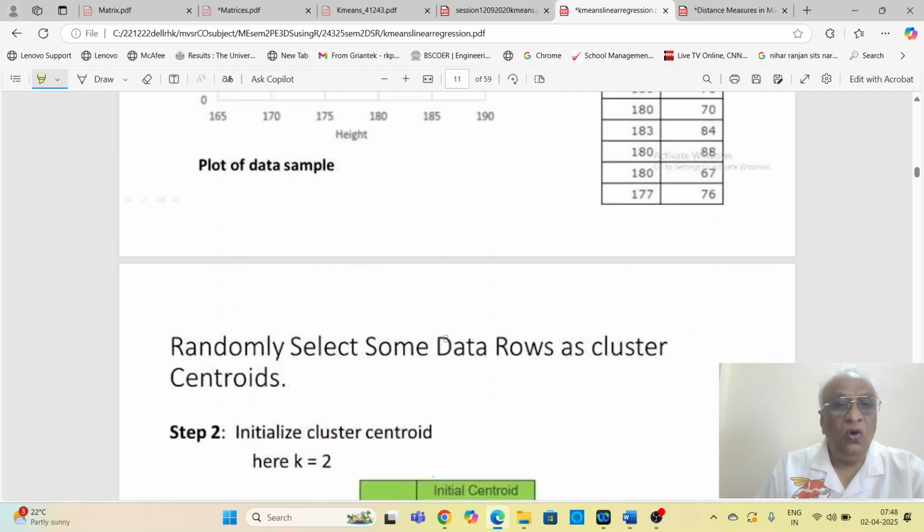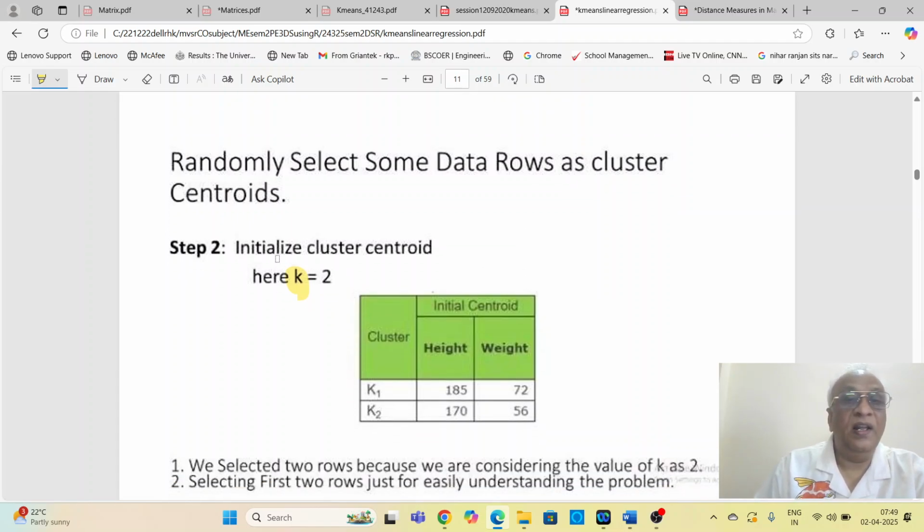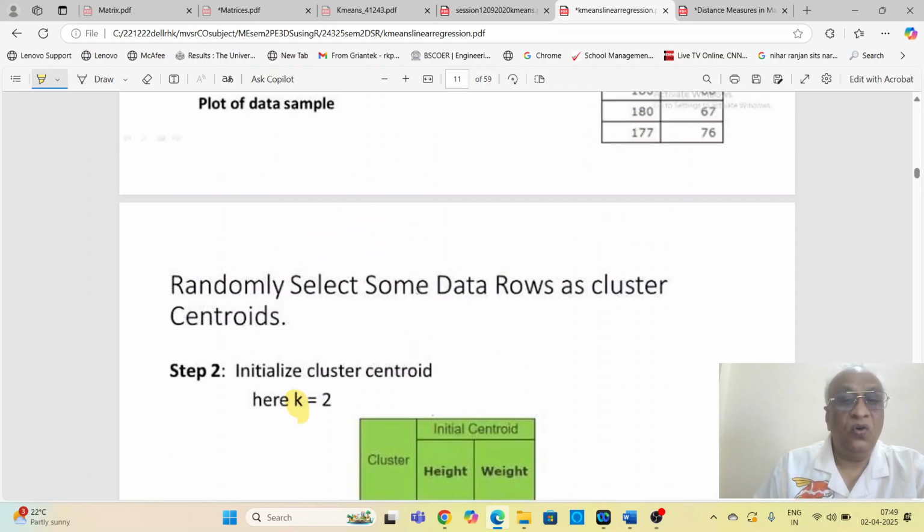Now, how K-means clustering works is we decide the value of K as 2. The value of K as 2 means the number of clusters should be 2. So we have 2 clusters and we'll call them K1 and K2. Now I need to initialize the centroids of those clusters.